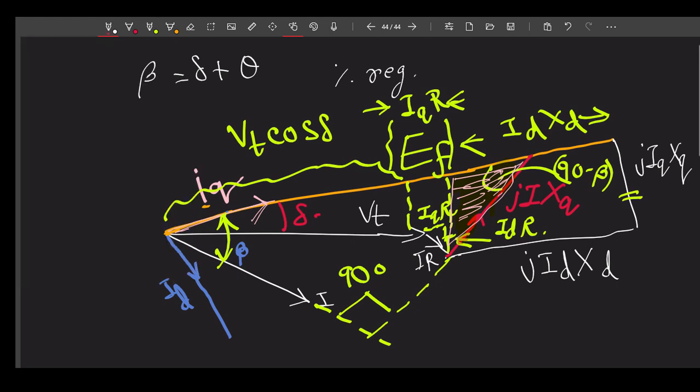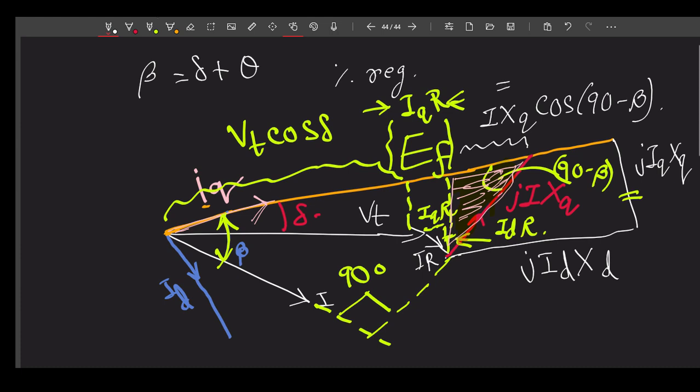So what about the base of this right angle triangle? This will give you sin beta.